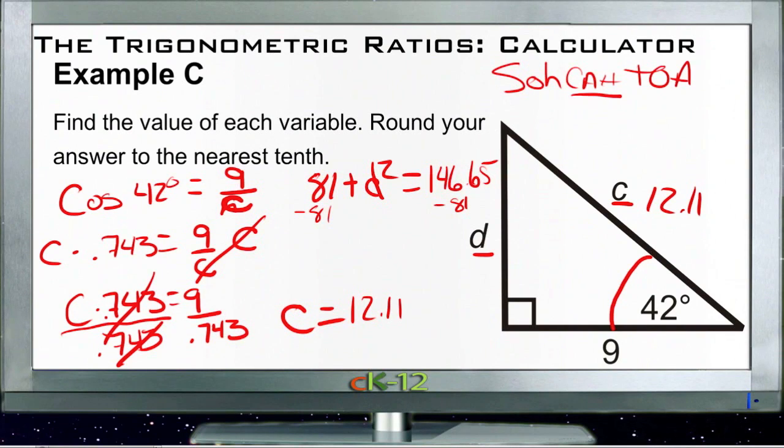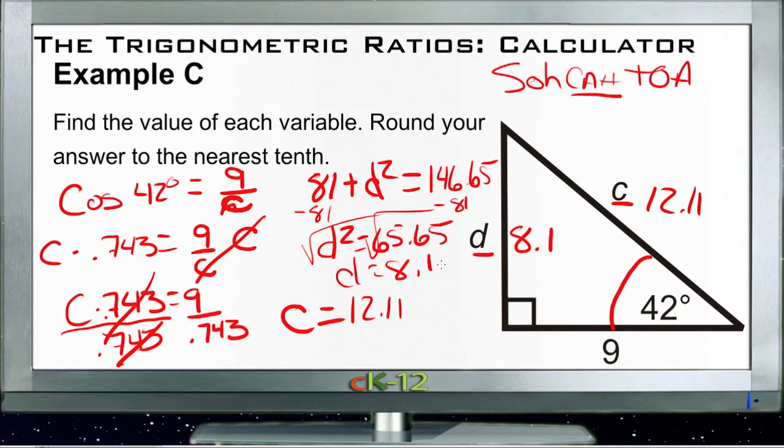Minus 81, 65.65. So d squared equals 65.65. And the square root of that is about 8.1. So that says that d is 8.1. Square root, d equals 8.1. There we go. All done.